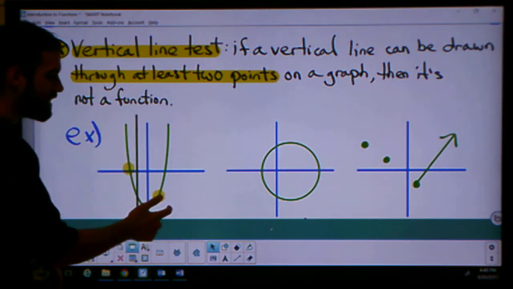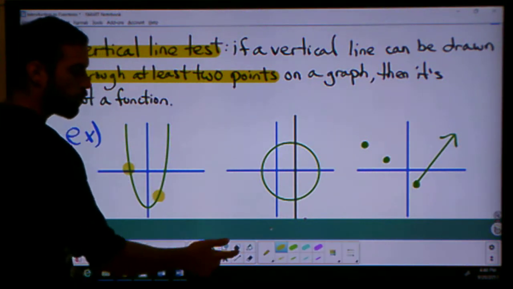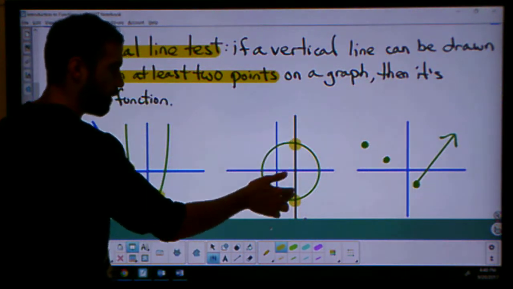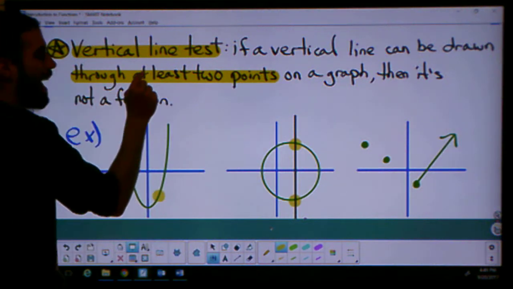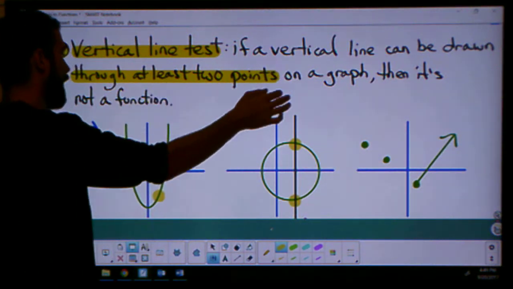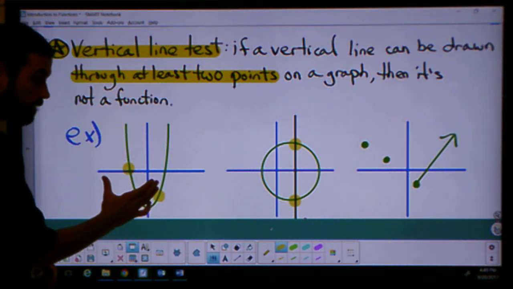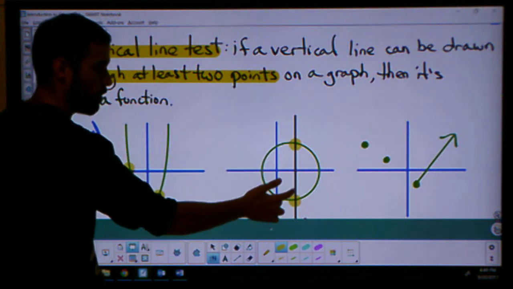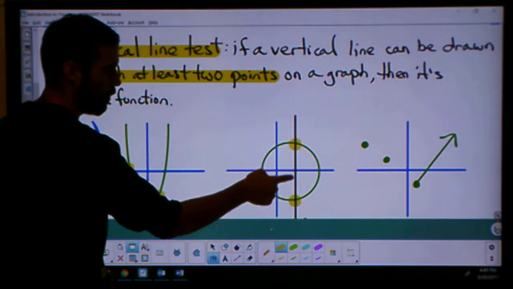If we look at the second function, though, it's a circle. The vertical line is passing through the circle at 2 different locations. If a vertical line can be drawn through at least 2 points on the graph, then that graph is not a function. This is a function. This one is not a function. The vertical line is intersecting the green graph in 2 different locations.